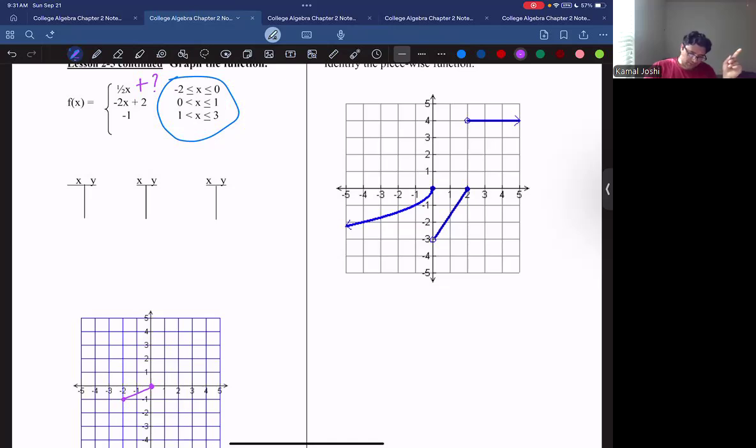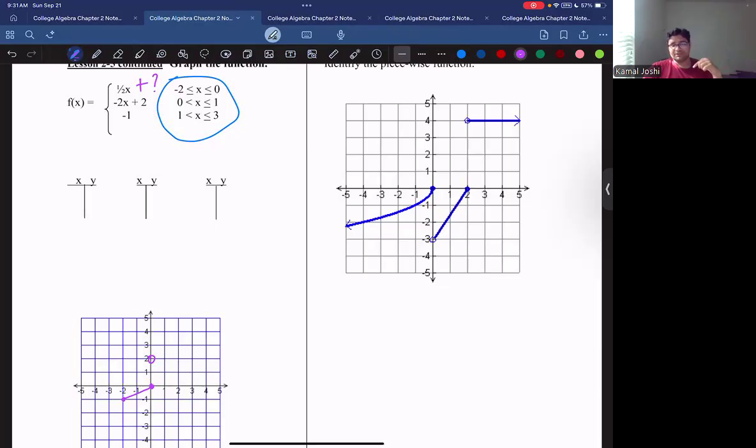And then from 0 to 1, it is -2x plus 2. Now, -2x plus 2 is a graph whose slope is -2 and y-intercept is 2, right? So clearly, I can start here. The y-intercept is 2 and the x value is 0 here, so it's exactly there. And what is the equation whose slope is -2?